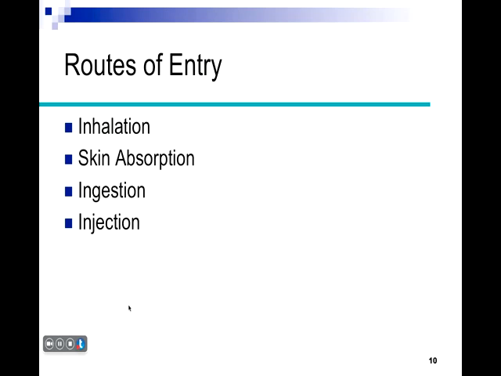And the last is injection. This does not occur that much in an industrial situation, but I have it on here because if you inject the chemical, especially IV, it can get to your bloodstream as rapidly as inhalation. So inhalation and injection are pretty comparable in how rapidly they can produce a high blood concentration for exposure to a chemical.